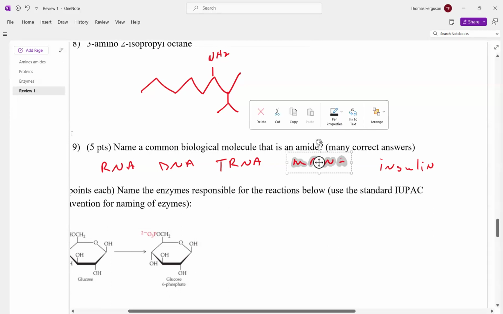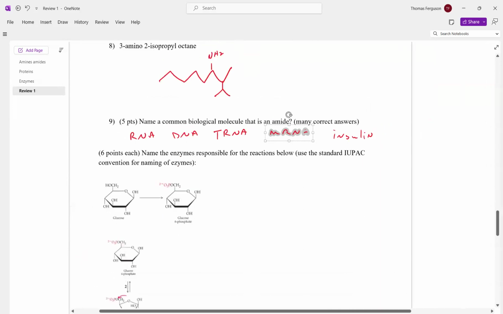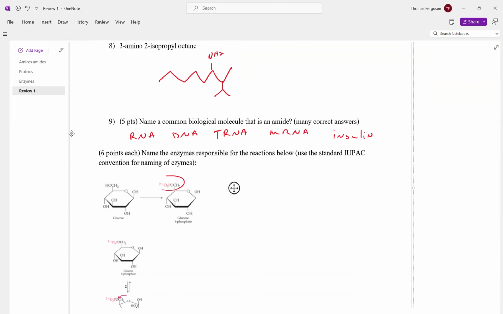Okay, name the enzyme responsible. We haven't gone over that; I'm going to go over this on Thursday. Basically, you look at what's going on in the reaction. In this reaction, this would be a glucose kinase.